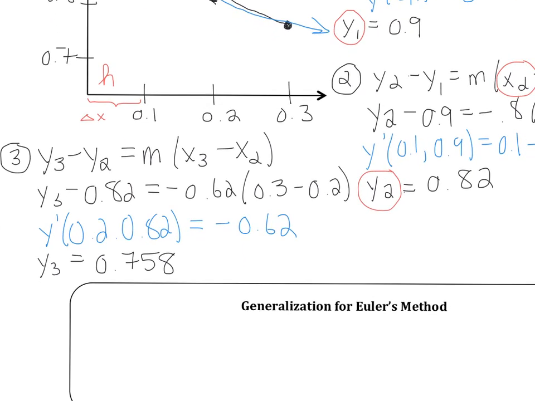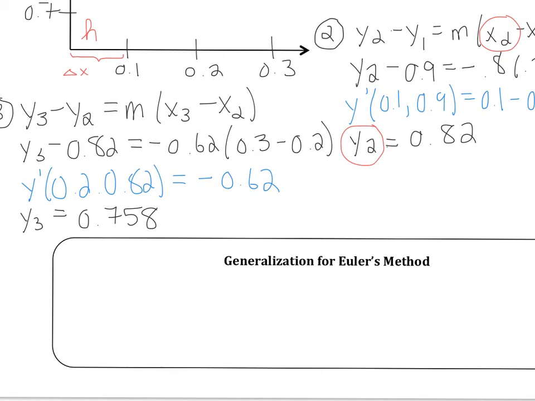Okay, so let's generalize and think about what we did. Really what we did was y3 minus y2 equals m times x3 minus x2.